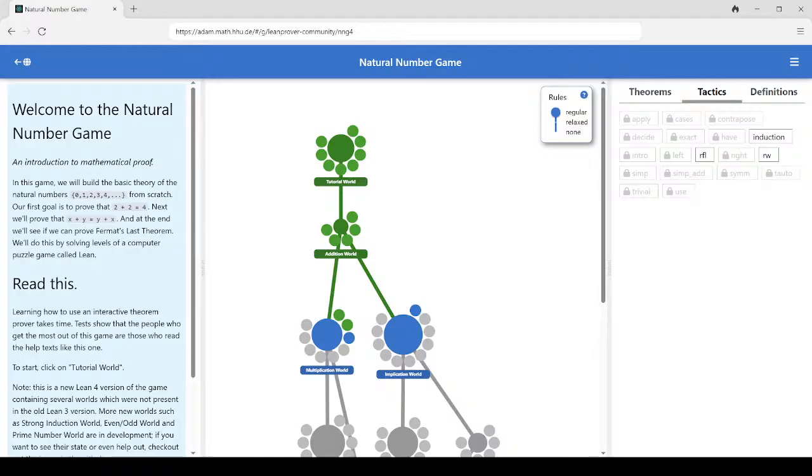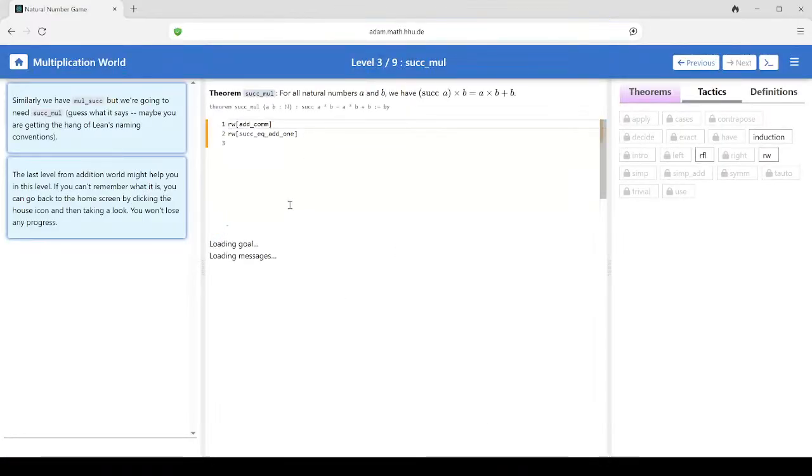Alright, so when we last left off, we were in the middle of multiplication world, and I got pretty stuck on this question. We need to prove that the successor of A times B equals A times B plus B. It gave us the hint that we should look at the last level from addition world.